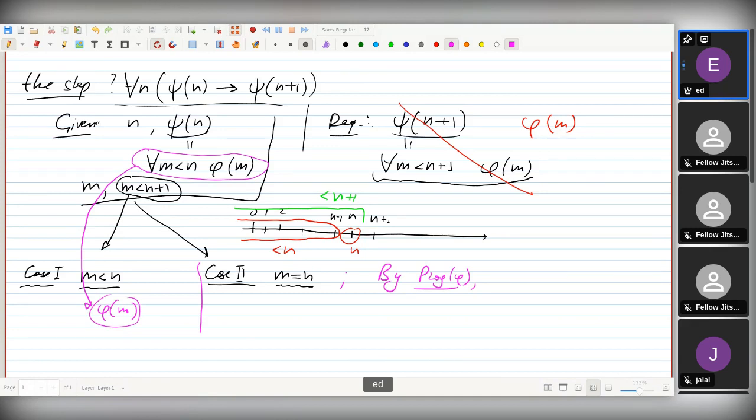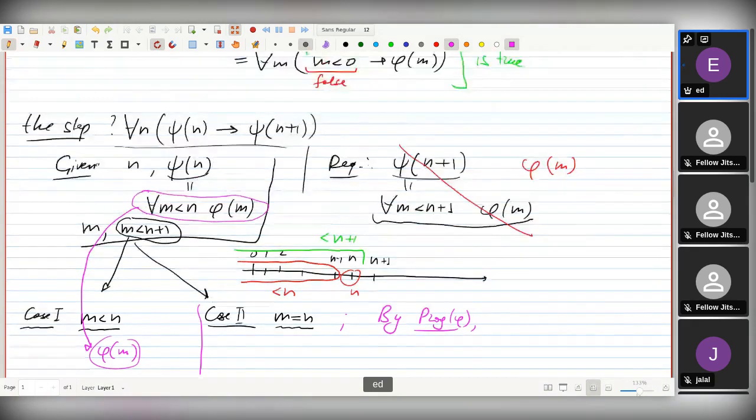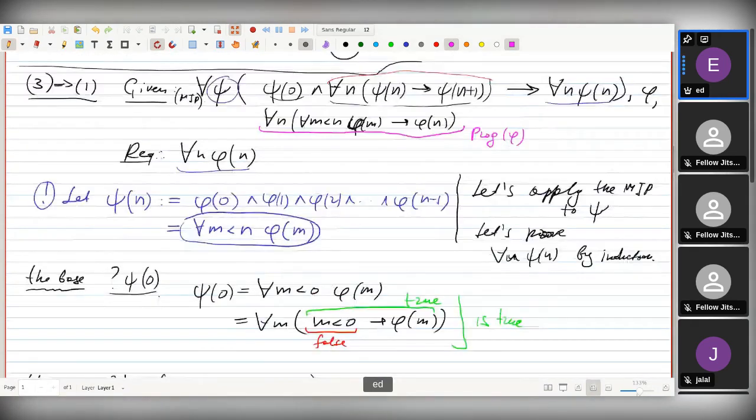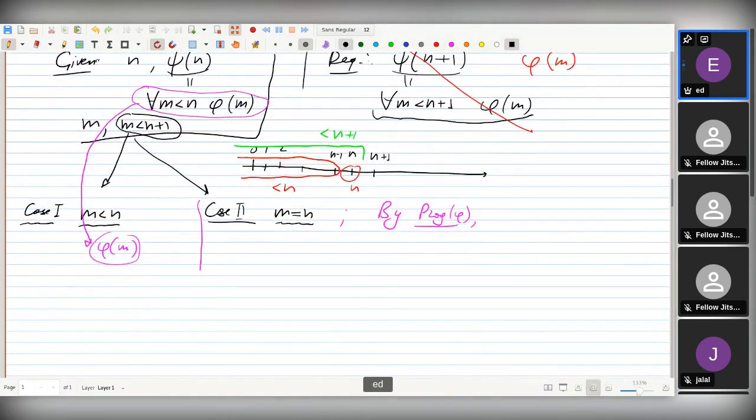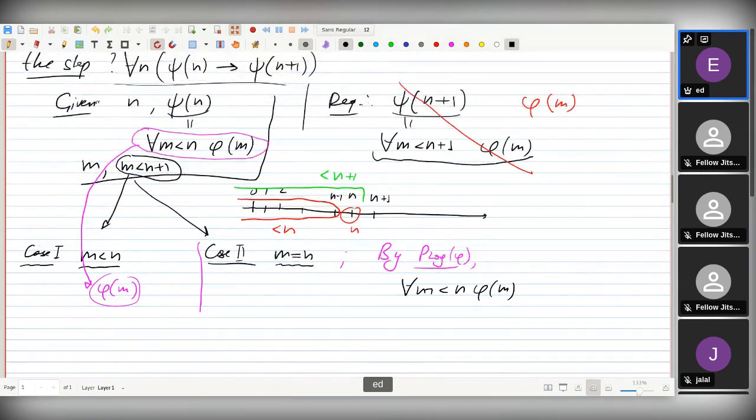So phi was progressive. Here it is. We have it assumed. Phi was progressive. Aha! What does it mean? That means that if for every m which is less than phi of m, of course it will be better to call it not m but some k, but it doesn't matter.